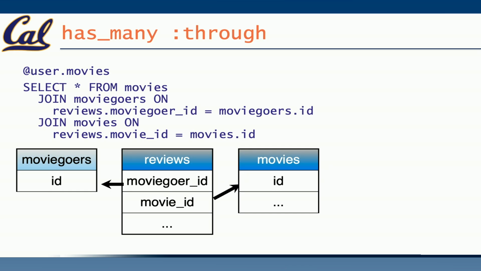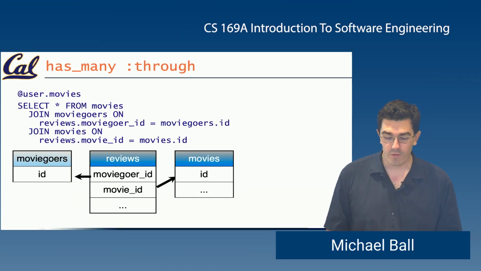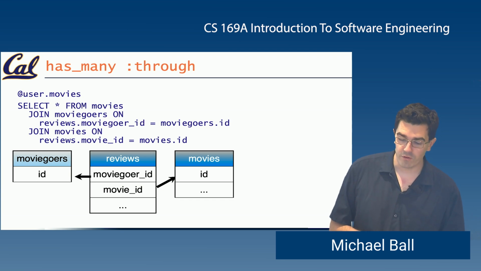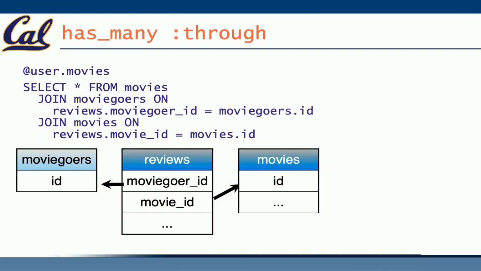We're joining our moviegoers on the moviegoers ID, and we're joining our reviews on the movie ID. And the nice thing is in this model, has many through, we can have multiple joins. Our SQL database will handle that all perfectly for us, and Rails will do its best to generate the most efficient query path. And regardless of how many through associations we have, we can get through the right path.